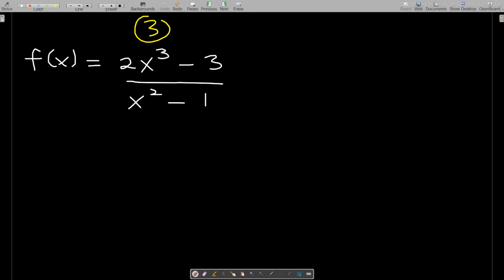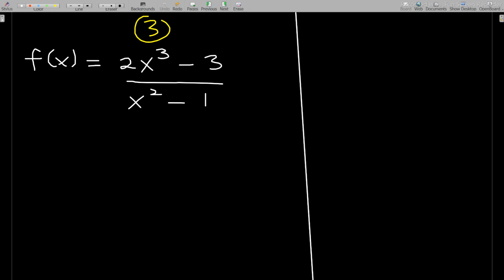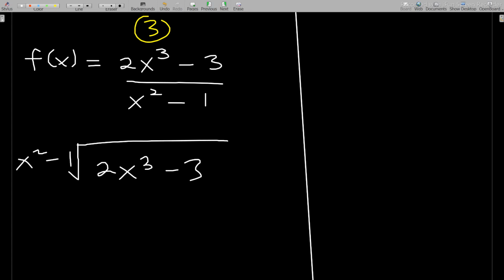So what you do here is perform polynomial division. I have to divide 2s cubed minus 3 by s squared minus 1.